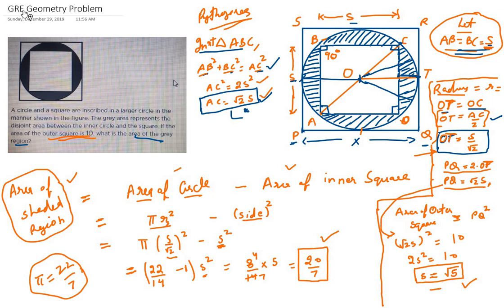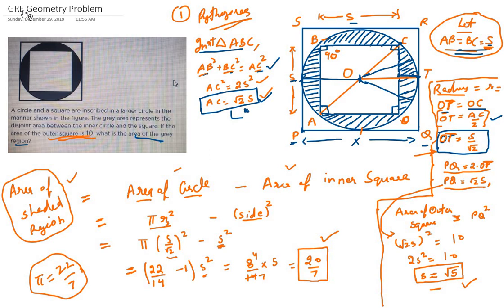Thank you for watching. This is a very simple problem, but the key concepts you should know are, first, the Pythagoras theorem, and second, you should be able to figure out the relationship between OT and OC, and that the side of the square is double the radius of the circle, and the diagonal of the square is basically the diameter of the circle, or half the length of the diagonal is equal to the radius of the circle.